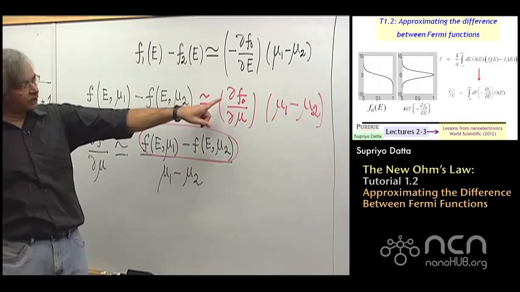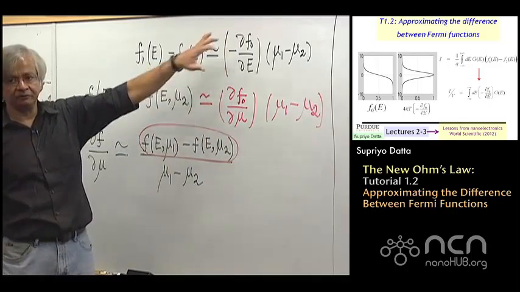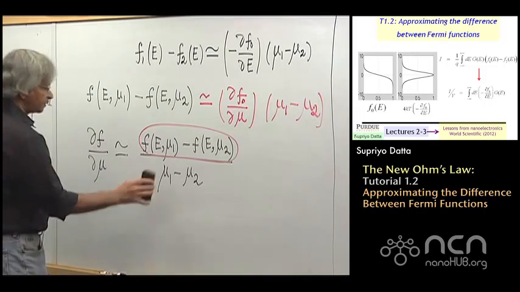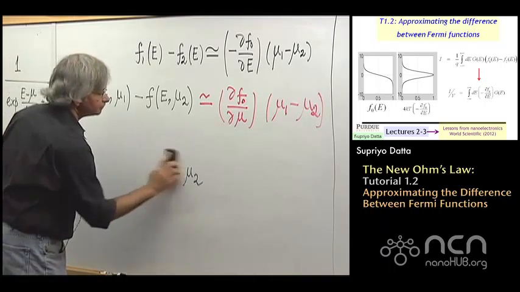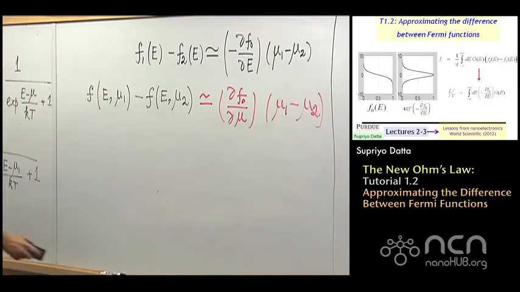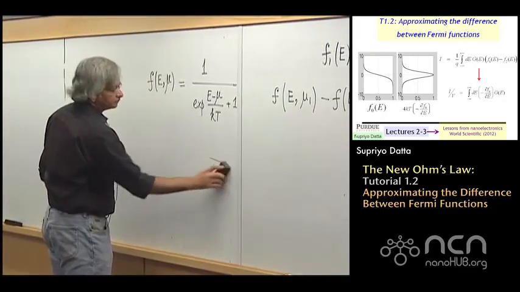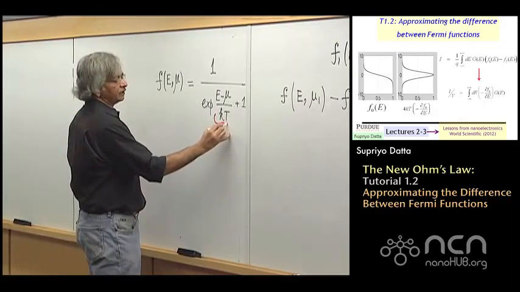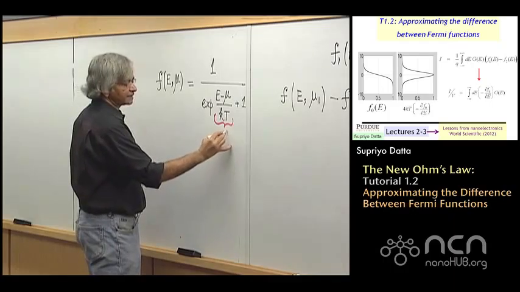Now, the question is, how do I show that this derivative with respect to mu is the negative of the derivative with respect to E? So let me show that. For that, let's go back to this function here, and let us give this quantity, E minus mu over kT, a name. We call it x.